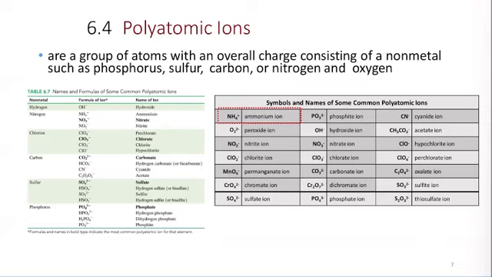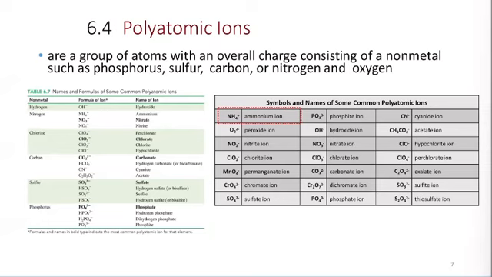Polyatomic ions are a group of atoms that have an overall charge. They typically consist of nonmetals that include phosphorus, sulfur, carbon, nitrogen, or oxygen. Now, remember, we're talking about ionic compounds. Something needs to be positive, something needs to be negative.